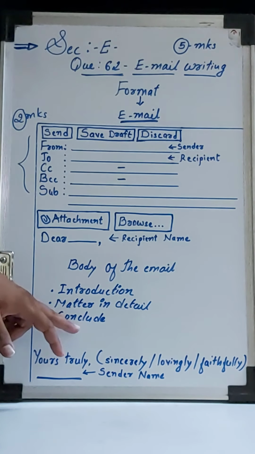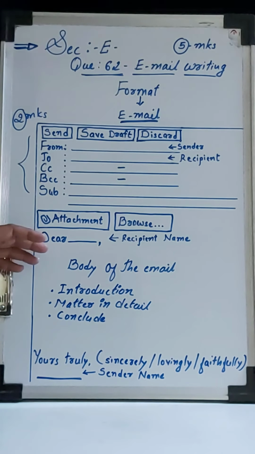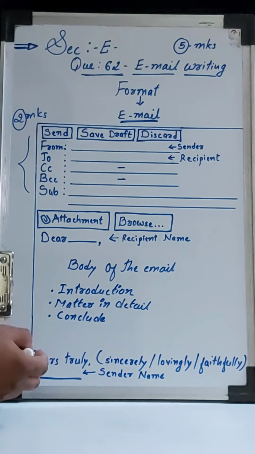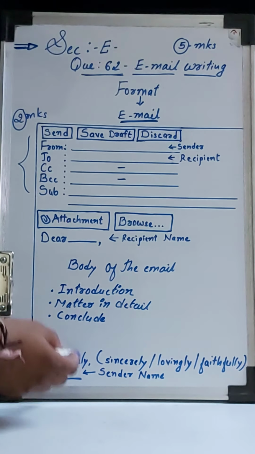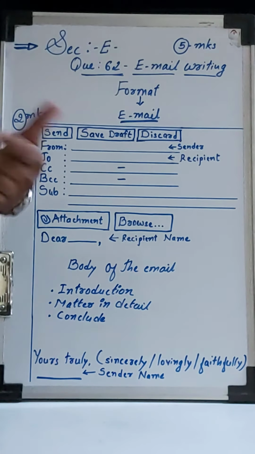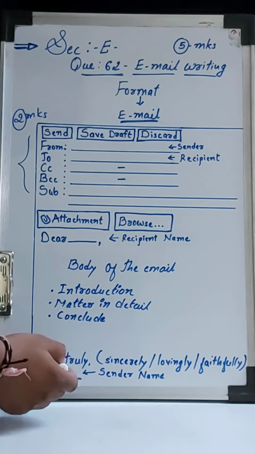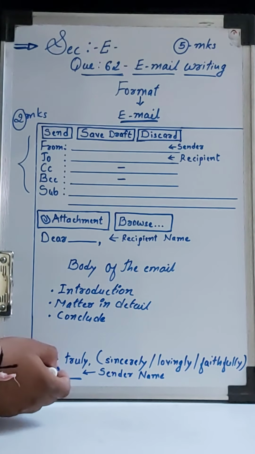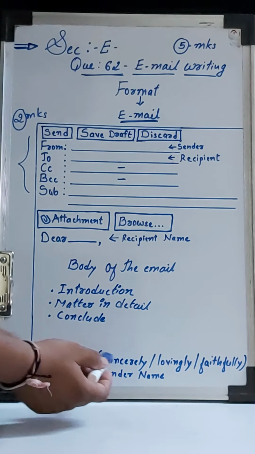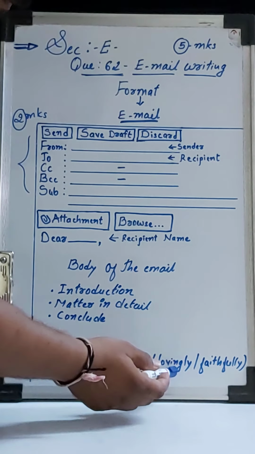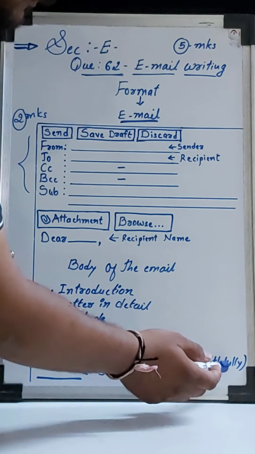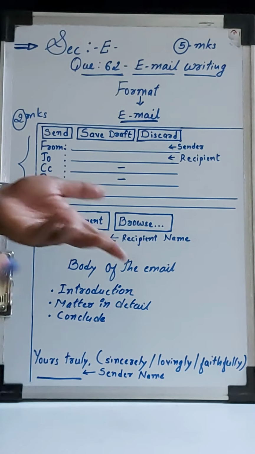Then comes the conclusion. Students, at the end of an email, there is a complimentary clause: Yours truly. Or you can also write three more options as I mentioned. Instead of yours truly, you can write yours sincerely, or yours lovingly, or yours faithfully, whatever.